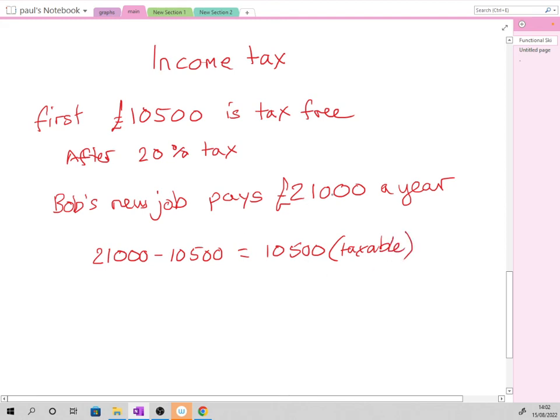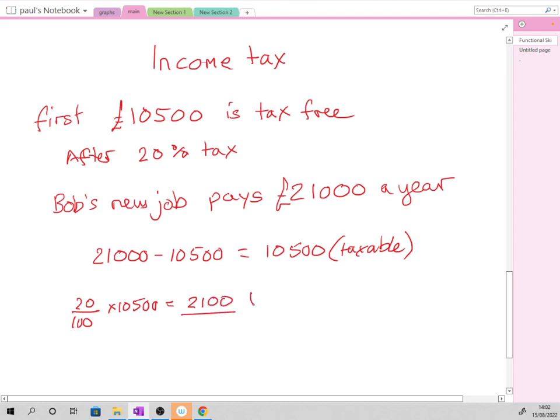Perhaps he should have earned a different amount. We'll do Bob getting another job in a minute, with different money. Right. So we need to work out what 20% of 10,500 is, which is 2100.